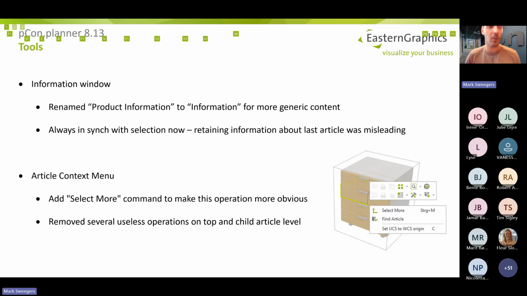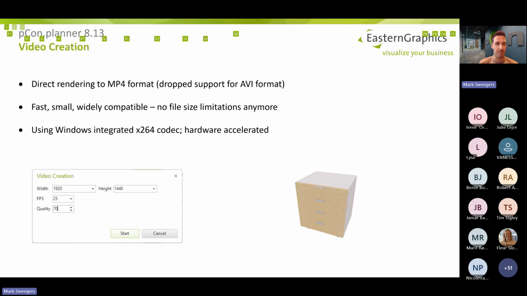The information window is renamed from product information to information for more generic content, and is always in sync with the selection now. So retaining information about the last article was misleading in previous pCon.planner versions, but that's now being changed.